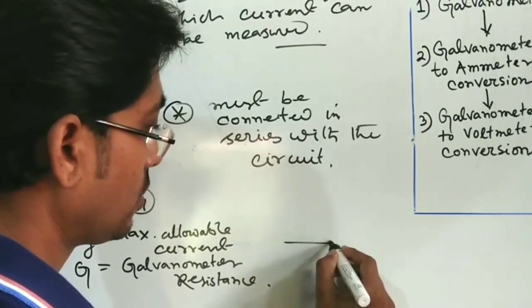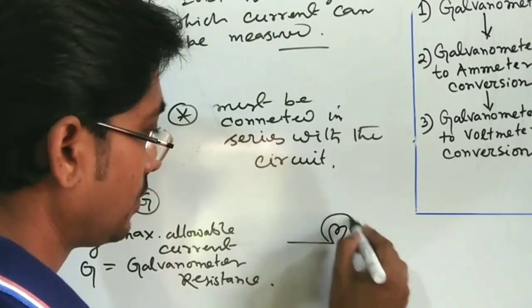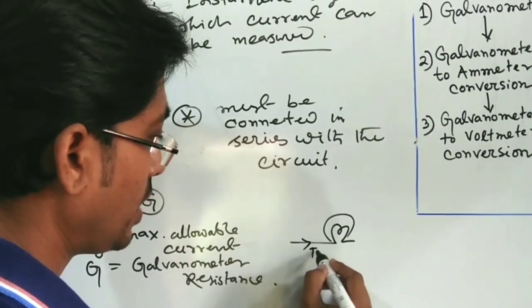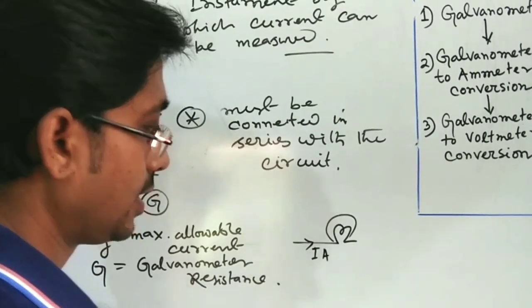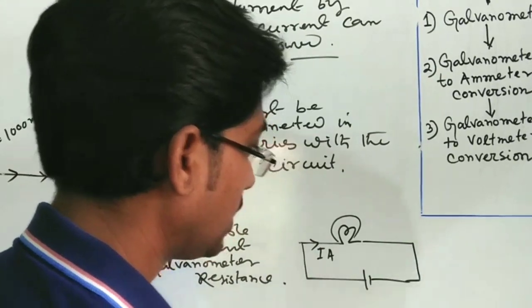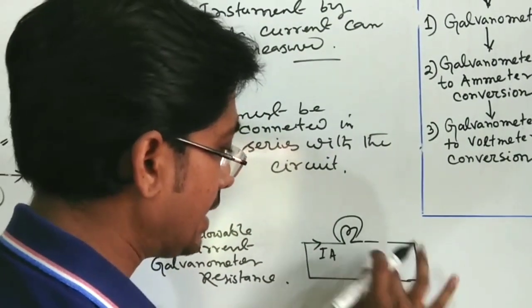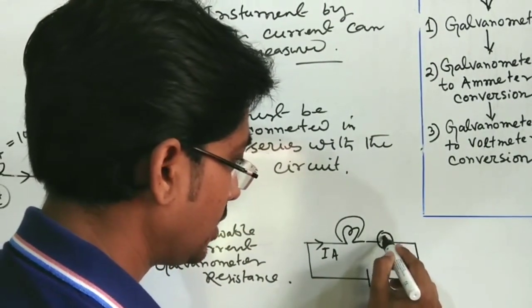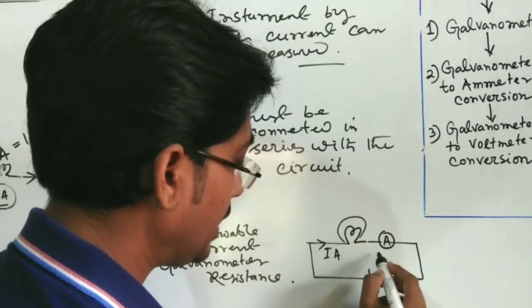Because suppose there is a bulb and it consumes 1 ampere current. If you want to find out how much current flows to the bulb, then you should attach the ammeter in series with the bulb.